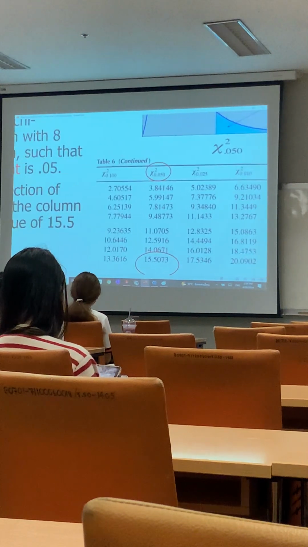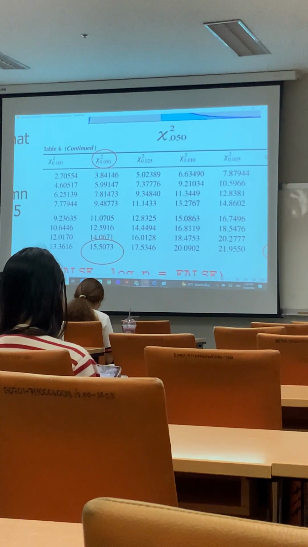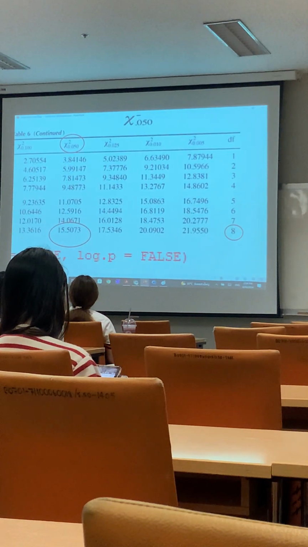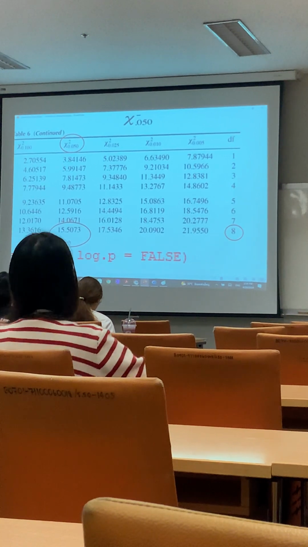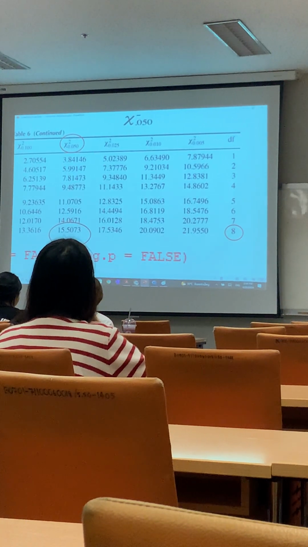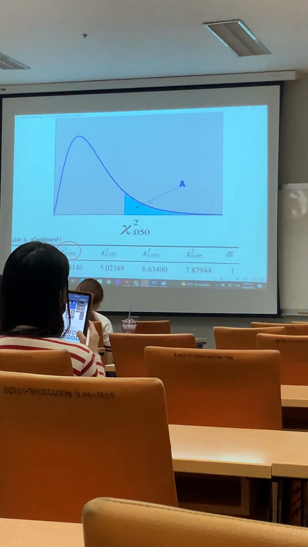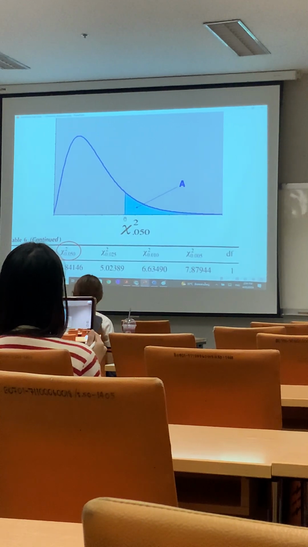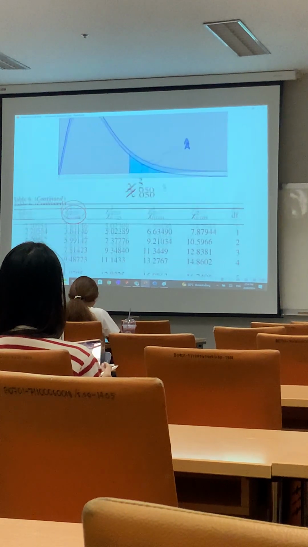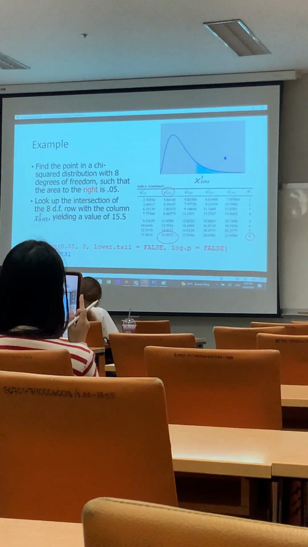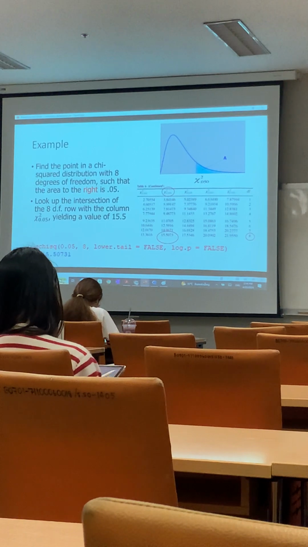Look at the column where the probability of area is 5%, and you know the degree of freedom is 8, so 15.5073, that would be your chi-square value corresponding to this graph. So this point will be 15.5073.